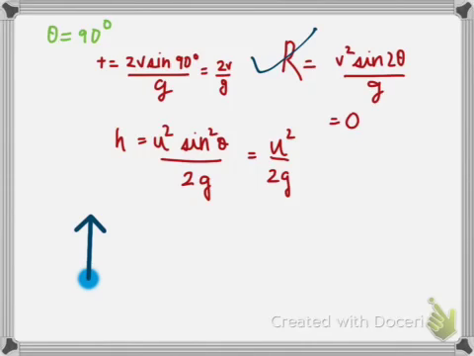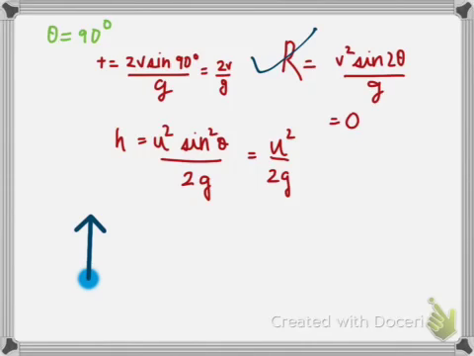Now let us assume the time. When we have these kinds of formulas, we can also apply them in one dimensional motion. Because the theta is 90 degree with the horizontal and the whole velocity is in the perpendicular direction, the vertical component is equal to v. So we can easily apply d is equal to ut plus half at square, right?